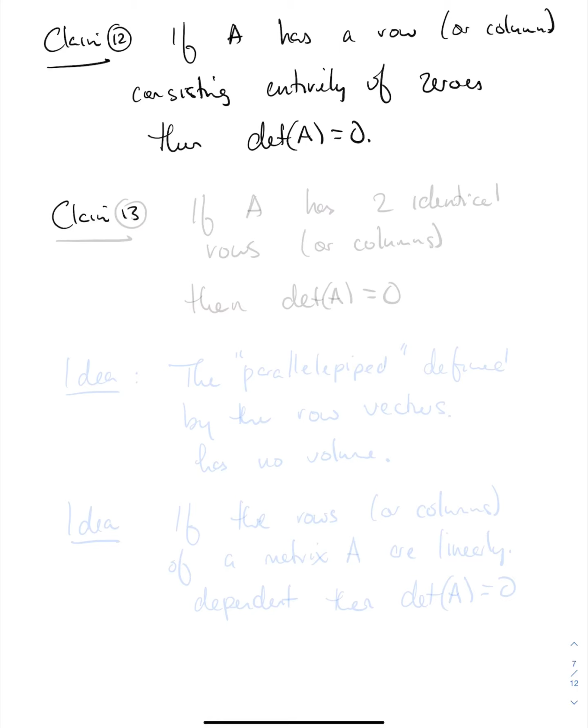Recall also claim 13. If A has two identical rows or columns, then the determinant of A is also equal to 0. Here's the idea.